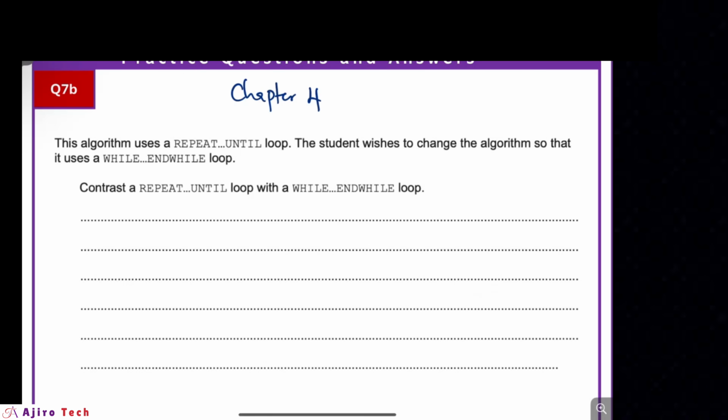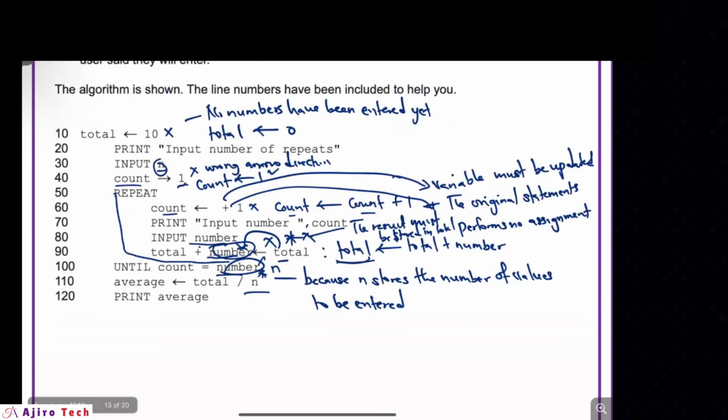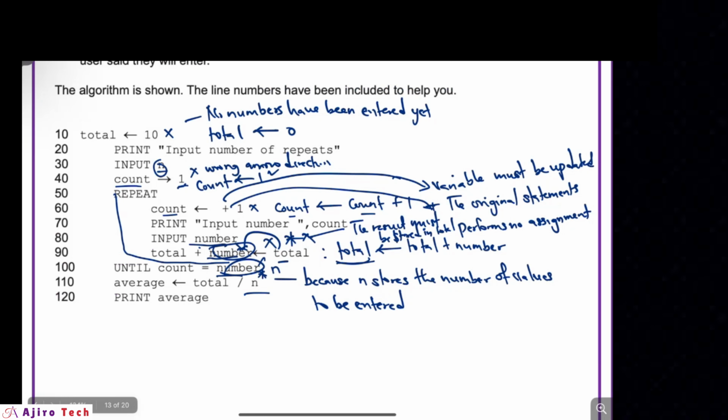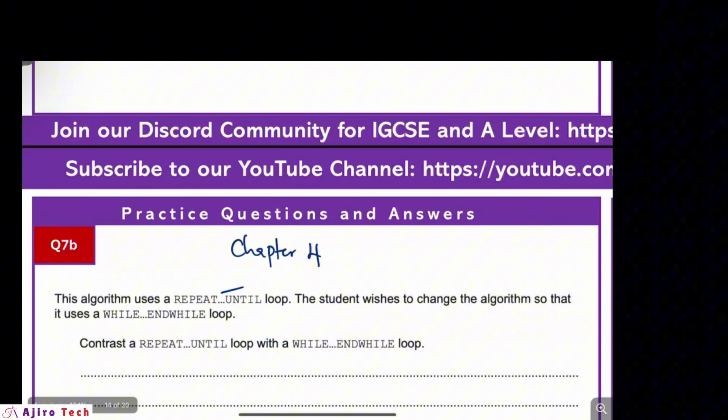So let's look at this. We talk about repeat until, right? Condition, this is a good example. Condition checks at the end, right? Loop always runs at least once. Repeat this until the count is equals to the number that the person has put in, and then stop, give us our average, and then print.